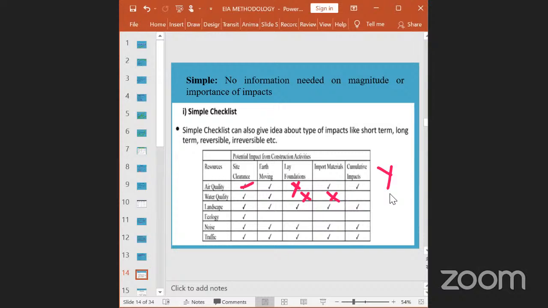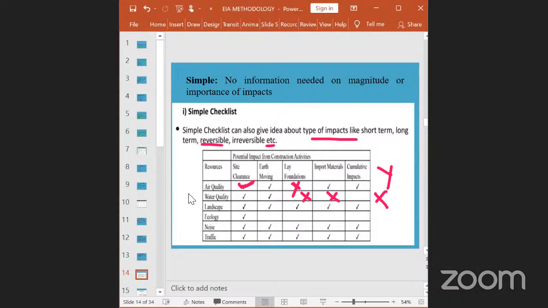Yes means it is confirmed that the impact is there. Right or yes means the impact is there. No, or this cross mark, means there is no impact here. So this is the table. In a simple checklist, it can also give an idea about the type of impacts like short term, long term, reversible, irreversible.